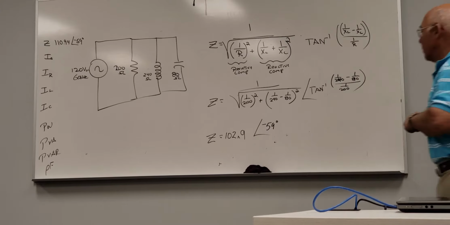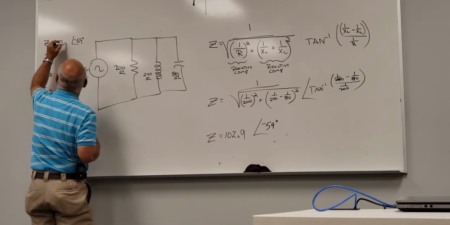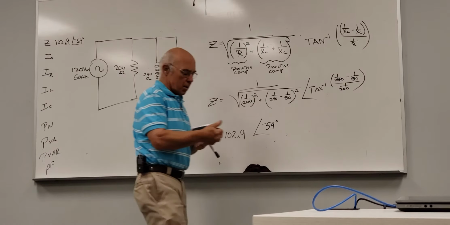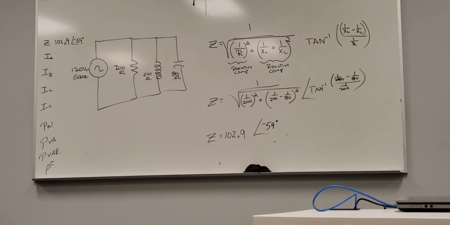Alright, so the impedance is 102.9, angle minus 59. Now, if I want the current, I gotta divide it into the source voltage.